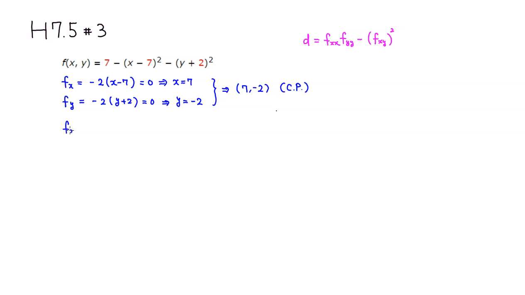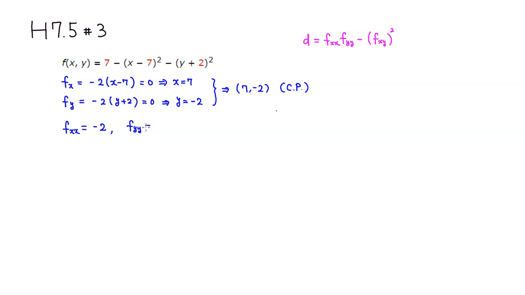The second partial with respect to x: the partial of that with respect to x is going to be negative 2, a constant multiple, times the partial of that part, which is 1. So it's just going to be negative 2. How about the second partial with respect to y?